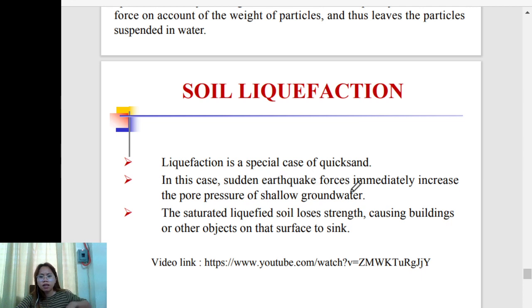In this case, a sudden earthquake immediately increases the pore pressure of shallow groundwater, no? Shallow groundwater, or katong mabaw lang nga groundwater sa mabaw.